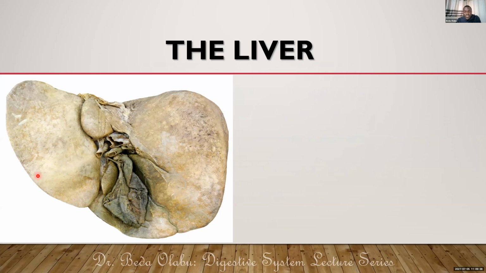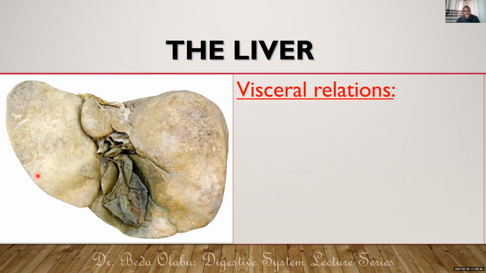The visceral surface of the liver is worth mentioning because it's related to some organs. And I want you people to know the organs related to the visceral surface of the liver. So basically, this region here is the one that is related to the stomach. So we call it the gastric area of the liver.